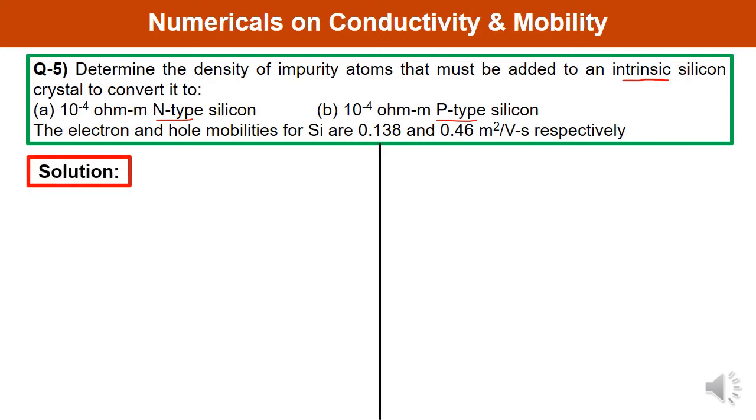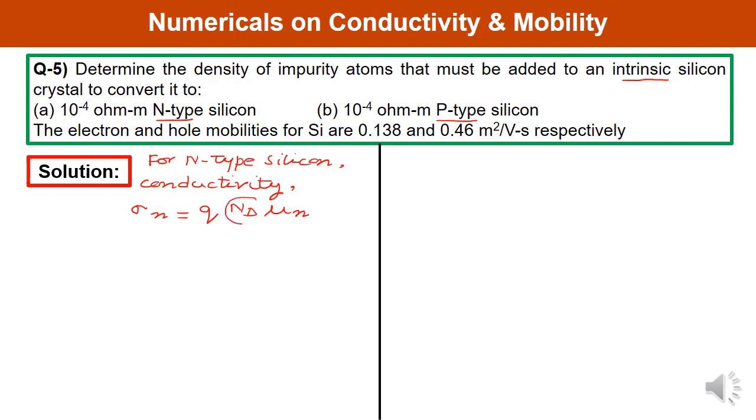Here you know that for n-type silicon we may write the conductivity as Q n of d into mobility of electrons.